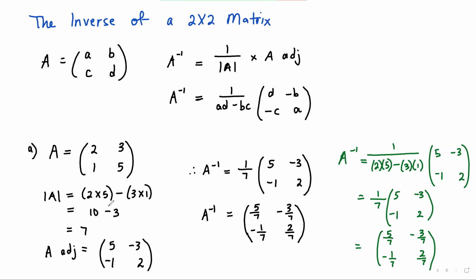When I do it, I typically write out the determinant, the adjoint, and then put it together as the inverse. But you could do it like this as well. It's the same thing. All right, let's do another example.